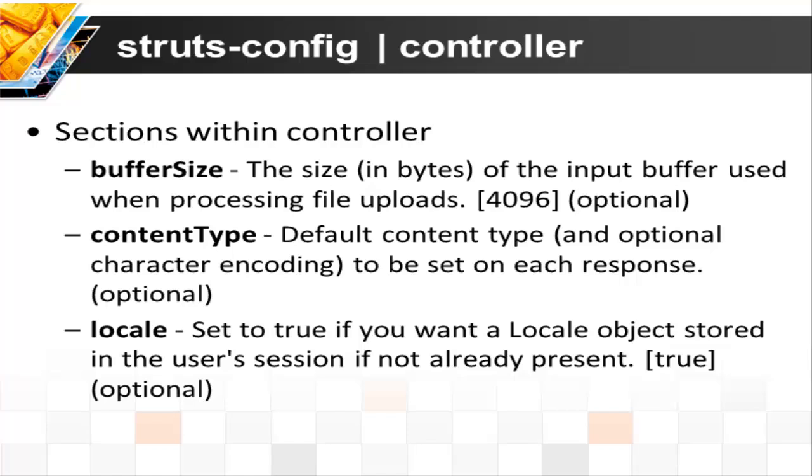Now, what are the things that you can control here? Because you are controlling the servlet, you can say what is the size of the buffer. So input buffer size, that is 4K, or what type of content you are getting, or what your default locale is. Locale is the country and region specific information.